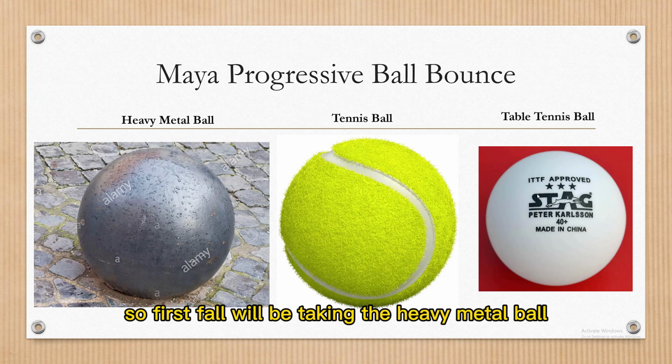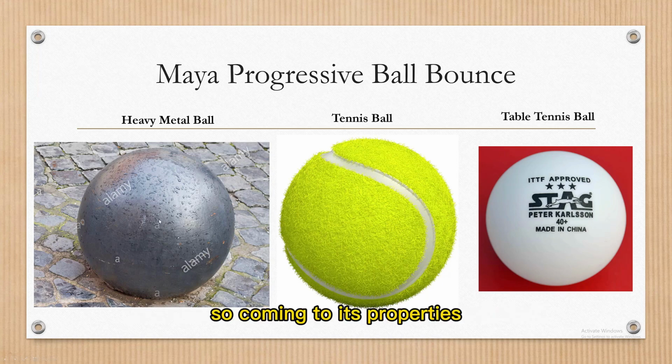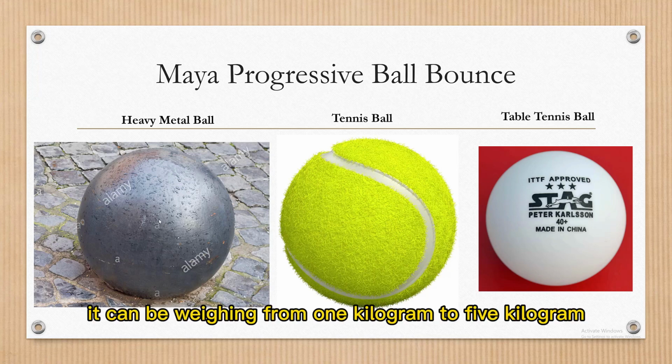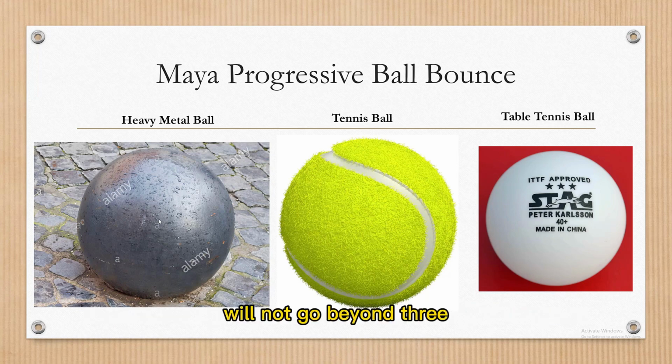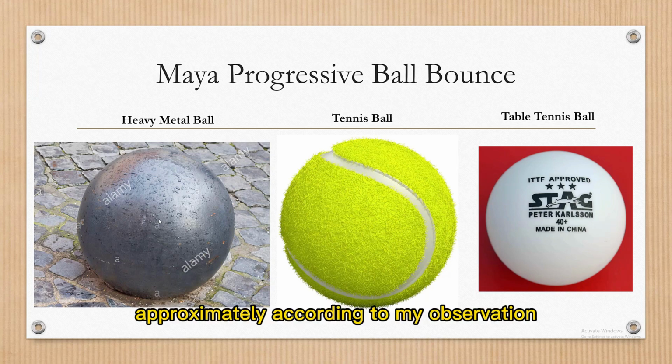So first of all, we'll be taking the heavy metal ball. Coming to its properties, the ball is very heavy. It can weigh from 1 kilogram to 5 kilogram. The number of bounces this ball might have will not go beyond 3, approximately, according to my observation.